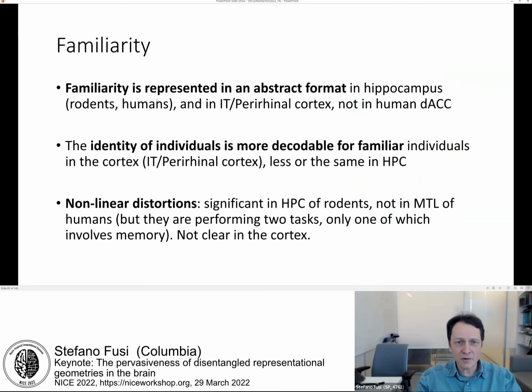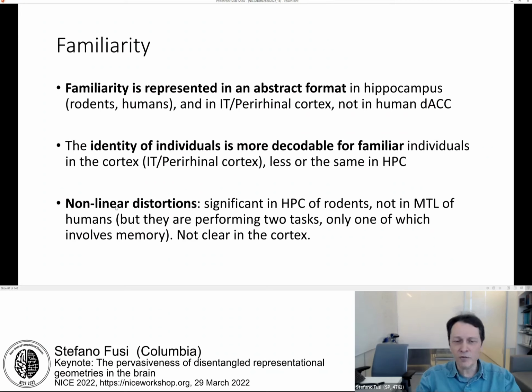Okay, so this is summarizing what we know about familiarity. Familiarity is represented in an abstract format in the hippocampus, in rodents, in humans, and in IT and in perirhinal cortex, not in human ACC. The identity of individuals is more decodable for familiar individuals in the cortex, and less so in the hippocampus.